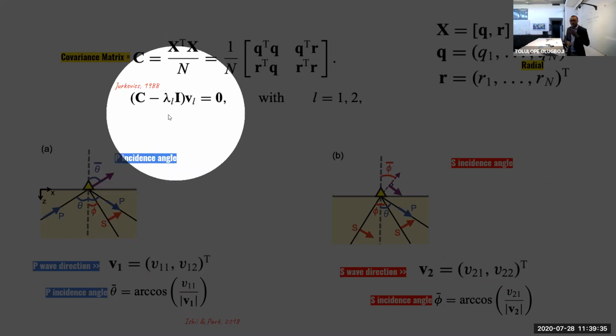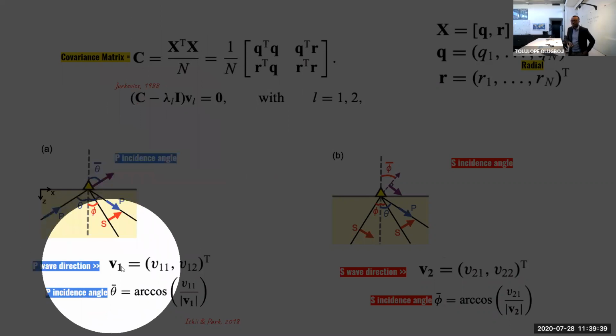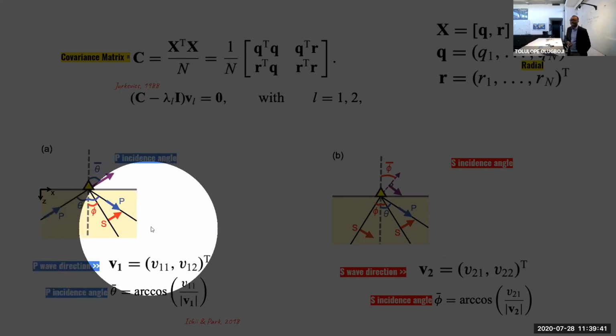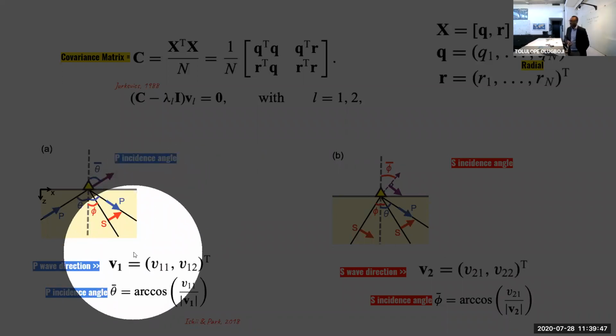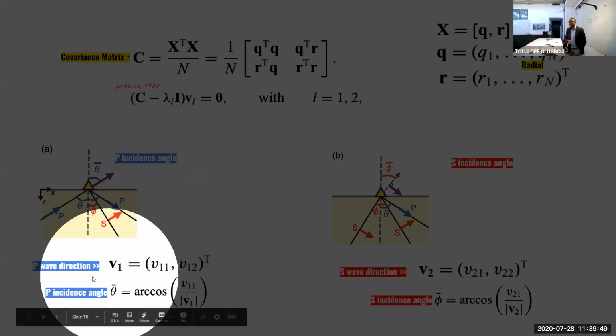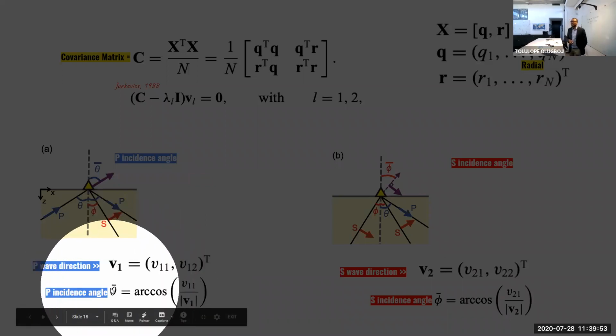Essentially that's where most of the polarization is. Therefore the P wave direction will be in the direction of the eigenvector V1, and you also get the P incidence angle for free, because the direction of V1 is the apparent incidence angle of the P wave.